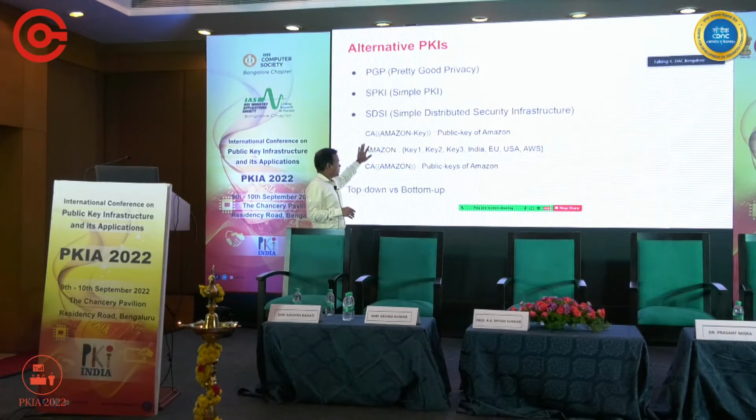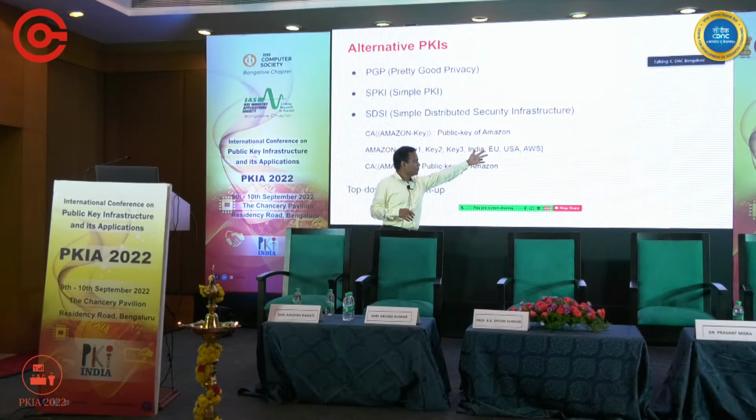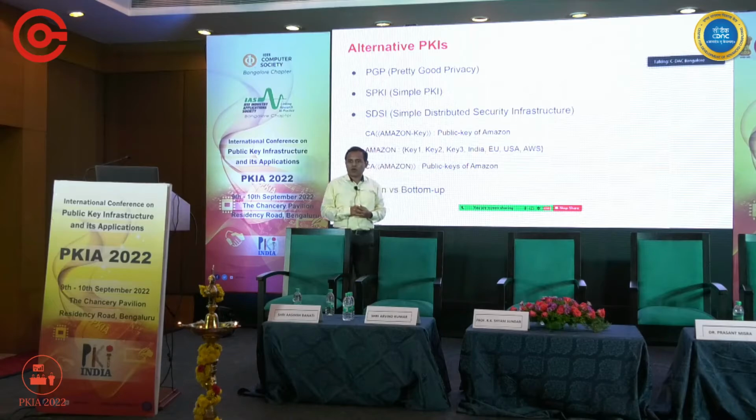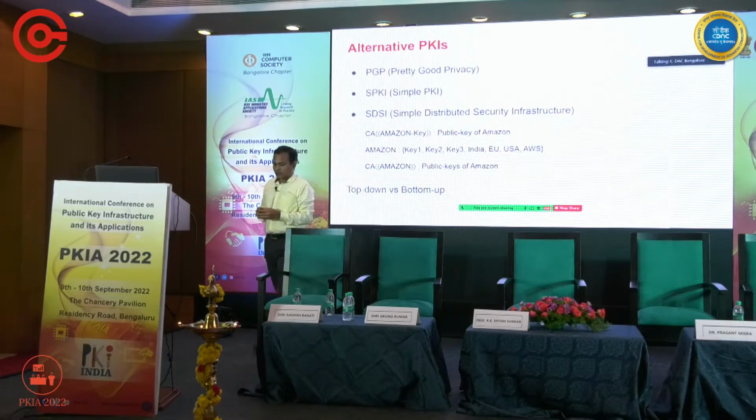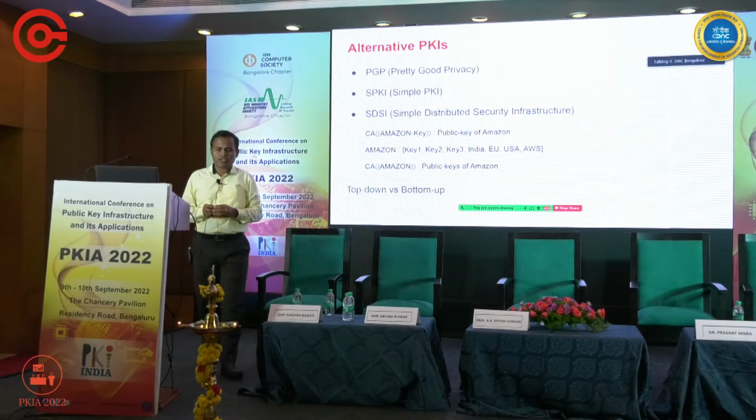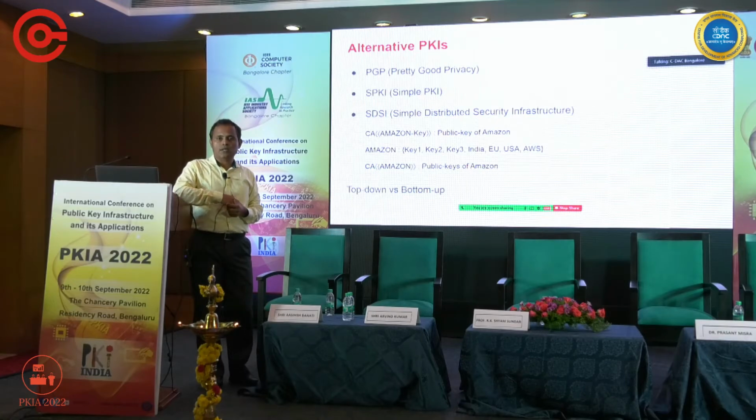Whereas assume now we have the facility to define this string in which the subsets are key 1, key 2, key 3, again strings like India, EU, USA and AWS. For Amazon, it is very important, which has millions of devices under its control, and key management has to be extremely efficient, revocation has to be in real time.